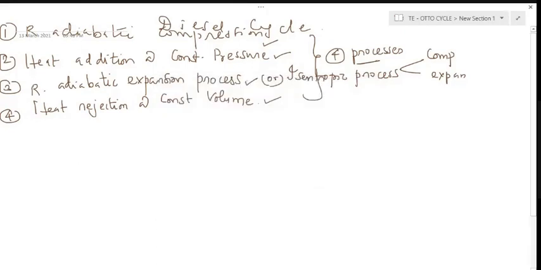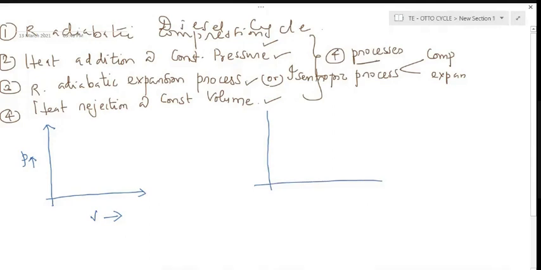First we will plot the PV diagram, that is pressure, volume, and we need to plot the TS diagram, where T is temperature and S is entropy.